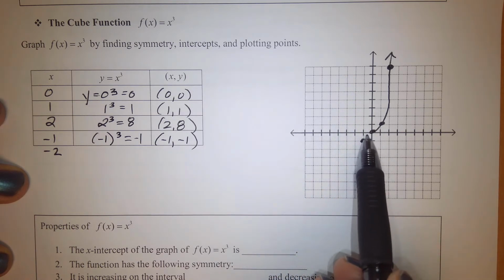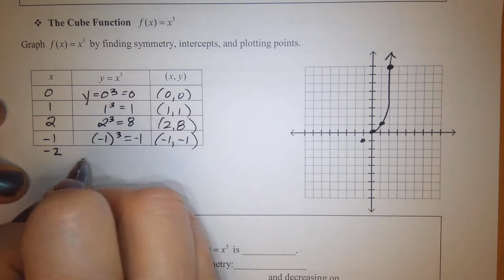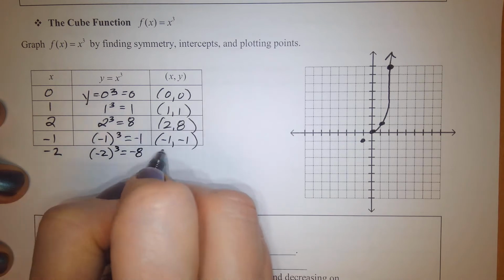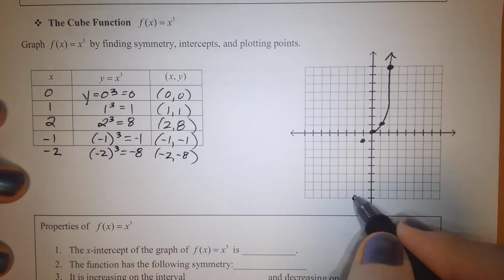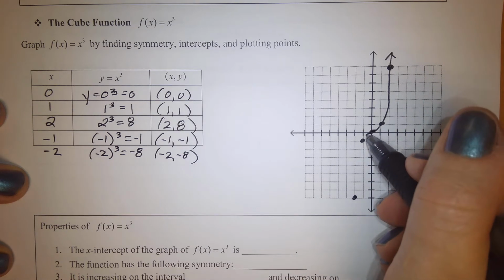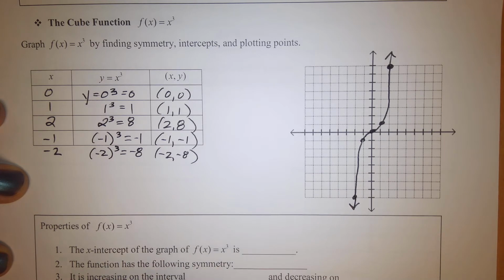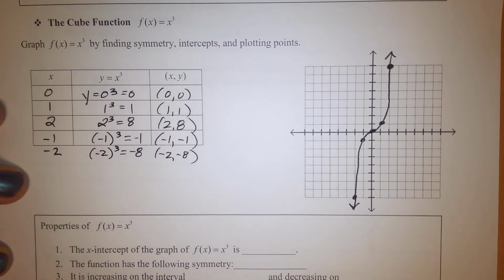It is in fact going down since we do have negative y values. When I plug in negative 2 for x, we get negative 8. So negative 2, negative 8 is a point on my graph. So you can see that this graph is going to turn and go downward. So this is an example of the cubed function.